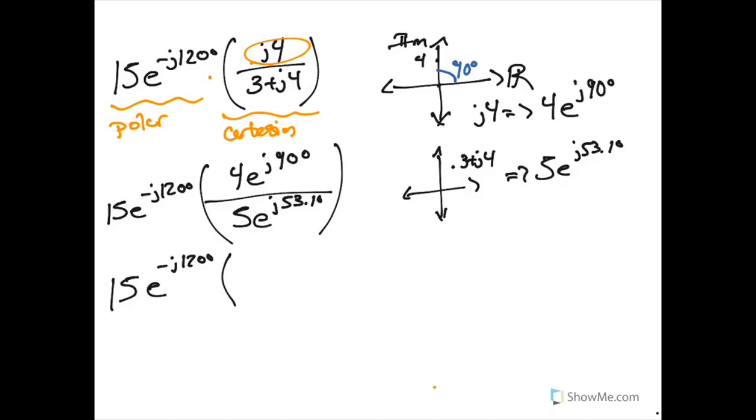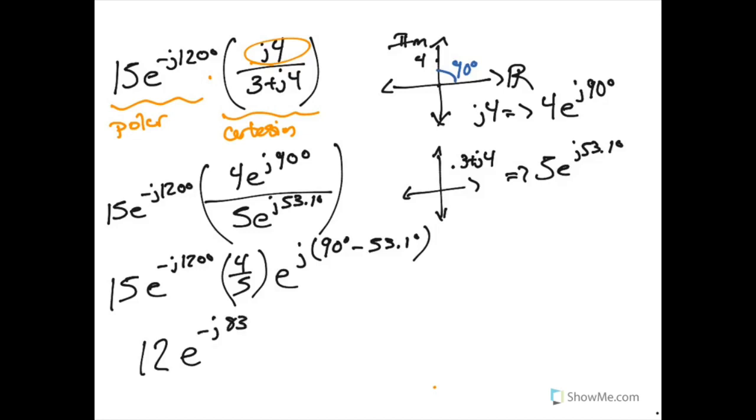We combine sort of our like terms here. This becomes 4/5 e to the j, and then it'll be 90 degrees minus 53.1 degrees. And our final result, so 4/5 of 15 is 12. And then combining all of our exponents together, our result is negative 83.1 degrees.